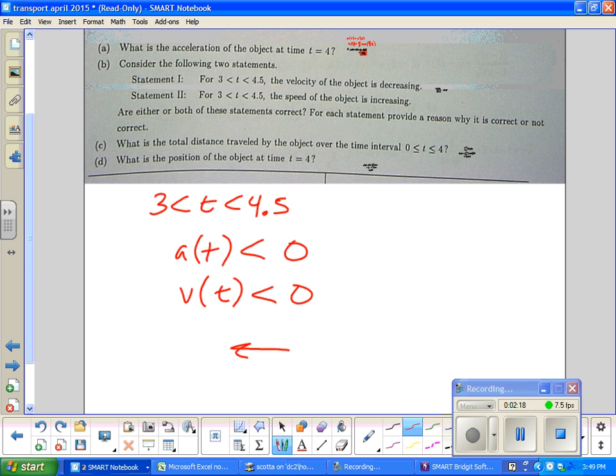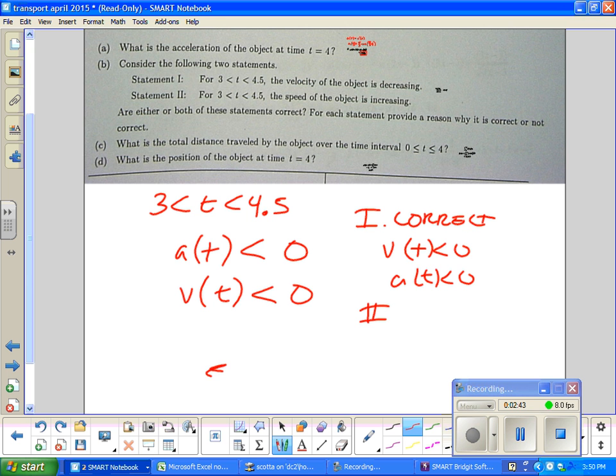The velocity is this way, and the acceleration is this way. So they want to know, is the velocity decreasing? Well, it's negative, and it's getting more negative. So yes, the velocity is decreasing. Statement 1 is correct, because v of t is less than 0 and a of t is less than 0.